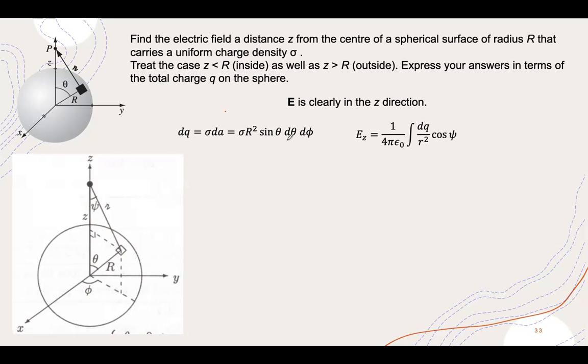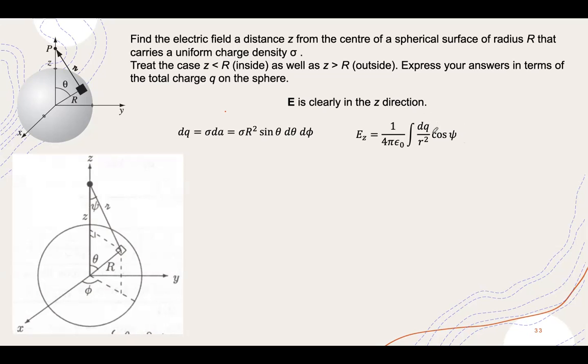So basically this is nothing but r d theta times r sine theta times d phi. Obviously, in mathematical classes, if you have a doubt, you can ask there. So overall, this dA is nothing but r squared sine theta d theta d phi. Okay, so this is dq. The expression of dq we know.